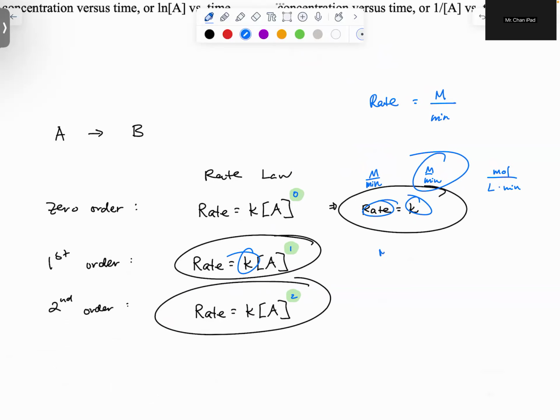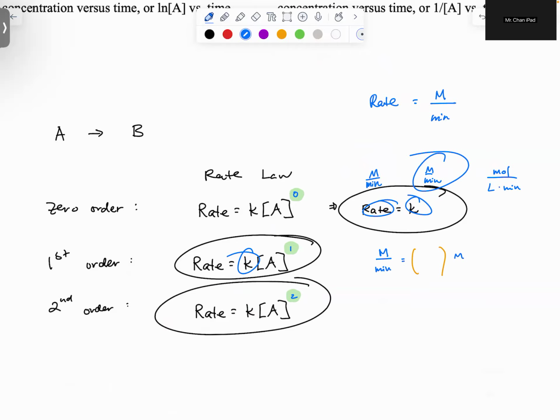Again, the rate would always have molarity per minute. What is the unit of K so that both sides are equal? Don't forget that we are multiplying by the concentration of A, which is in molarity.